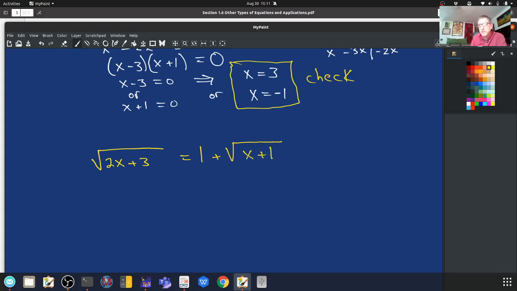Well, that's equivalent to our first equation. It's not exactly what it is. It's the second simplification step, but that's okay. It's absolutely equivalent. I've not raised anything to any power, so I don't have to worry. So let's check x equals 3. This is going to be the square root of 2 times 3, which is 6, 6 plus 3 is 9.